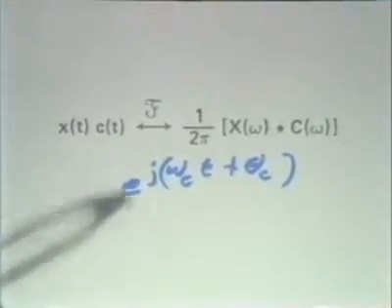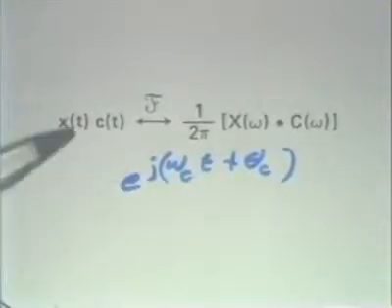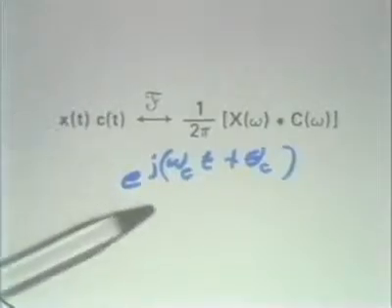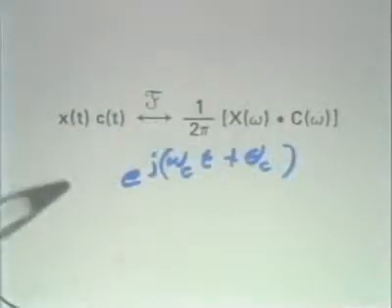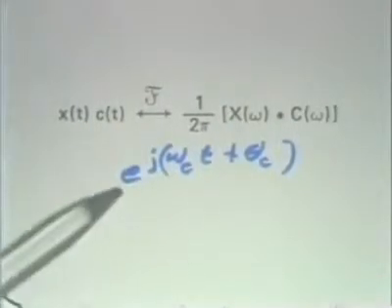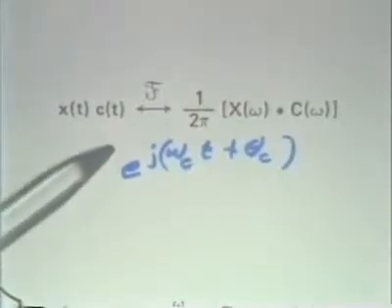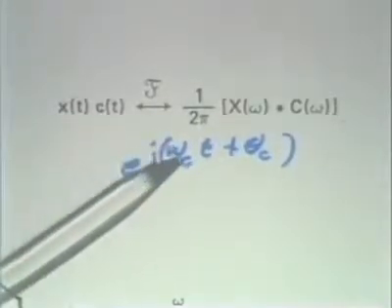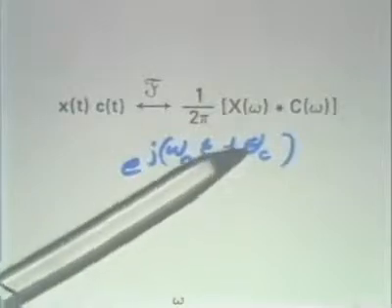And we could consider, for example, just simply dividing the modulator output by this, or equivalently taking the modulated output and multiplying by e to the minus j (omega c t plus theta c).